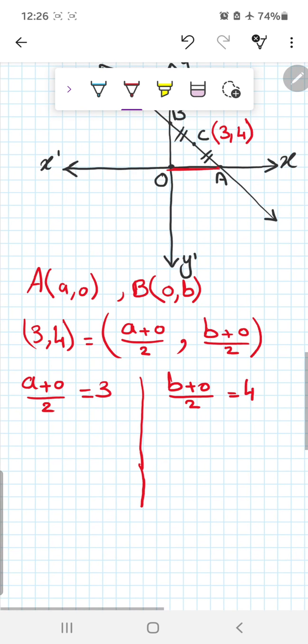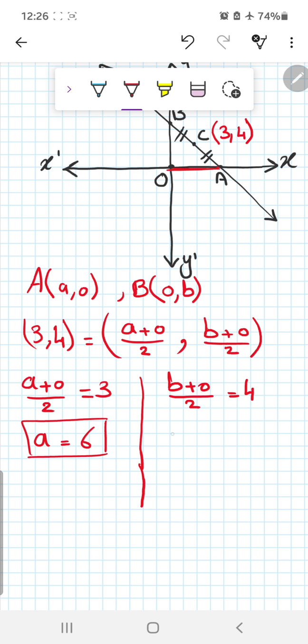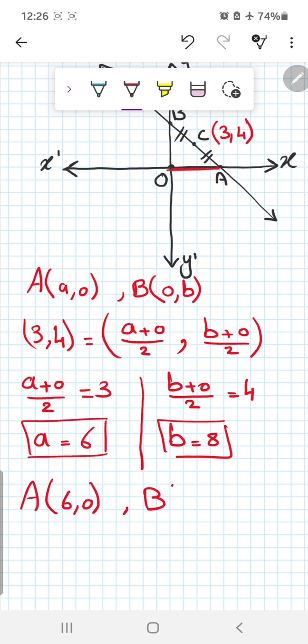So A + 0 equals A, which equals 2 times 3, which is 6. So A equals 6. Also, B + 0 equals B, which equals 2 times 4, which is 8. So the coordinates are A (6, 0) and B (0, 8).